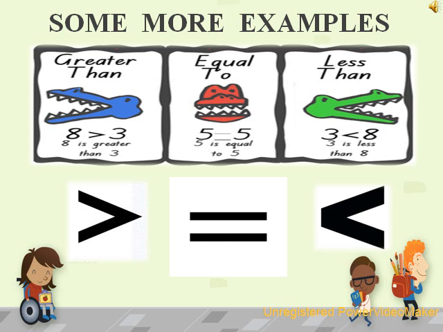When both the quantities are equal or both the numbers are equal. Left hand side is equal to right hand side, then we will put this sign of equal to. Third sign, less than. When the number is smaller, we will use this sign.